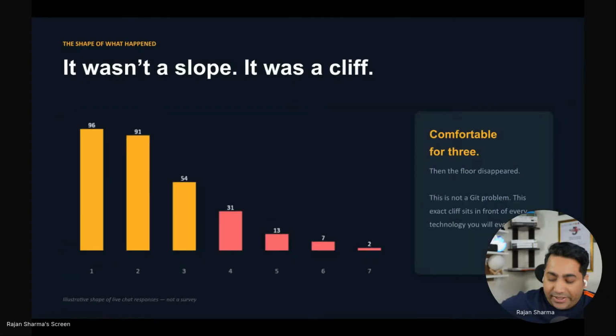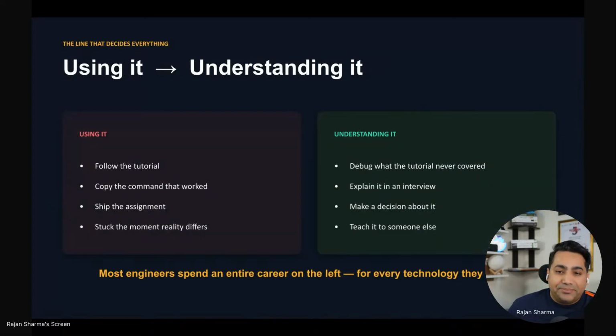If I go back to the chart just to show you one more time, you see the number which is pink or this magenta color is something called the technologies that fall in the slope, falling in the understanding category.